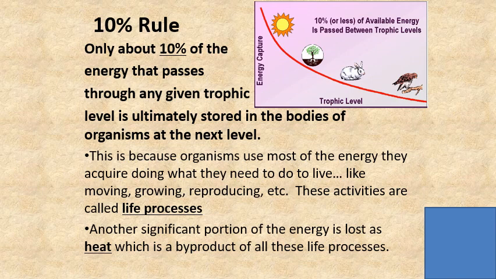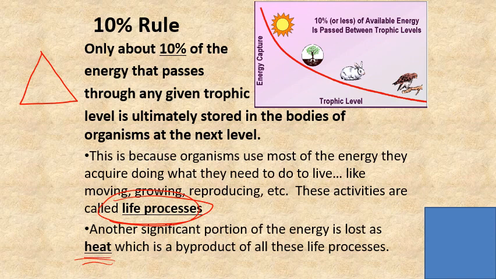The reason it looks like a pyramid is because of the 10% rule, where it states that of all the energy that an organism will consume in its lifetime, or produce if you're a producer, 90% of that energy is going to be used to live, to make new tissues and things like that. Those life processes. A lot of that energy is also lost as heat.